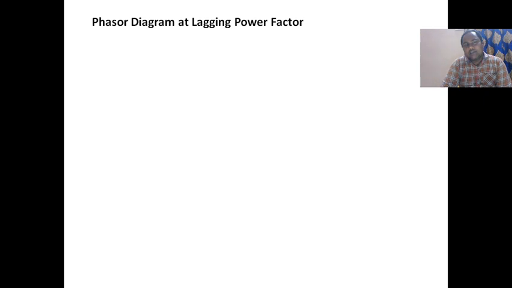Once you understand that point, you can easily derive the phasor diagram. Once again, in alternator EG is greater than V, in motor EG is less than V.